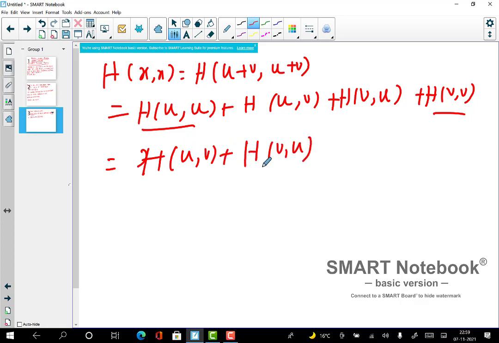Again, we know that H is symmetric, so H(u, v) and H(v, u) are the same. So this is 2 times H(u, v), since H is symmetric.